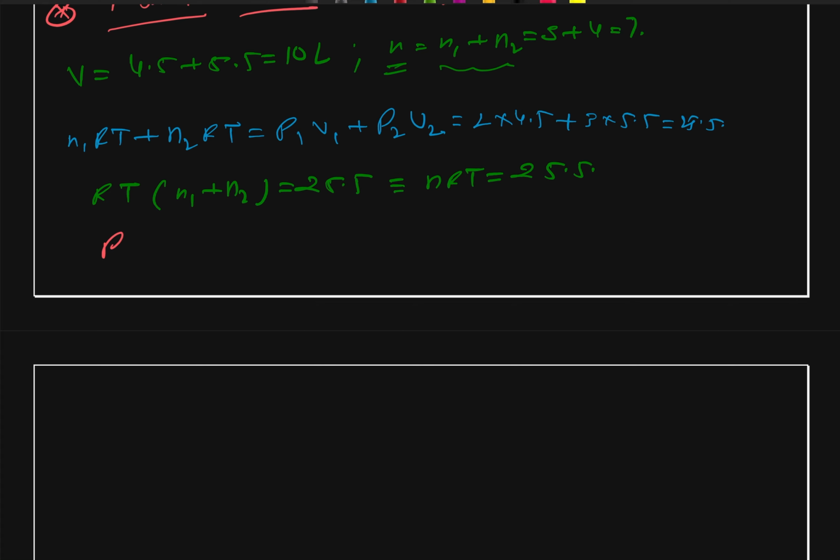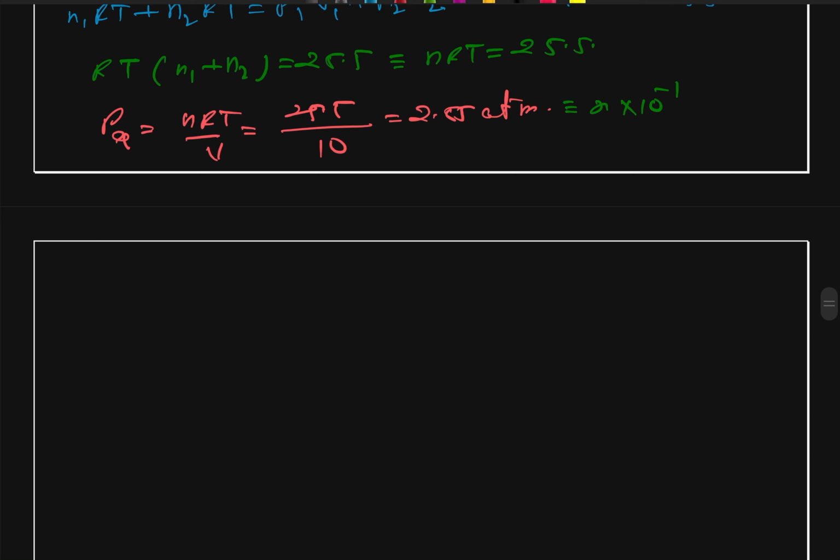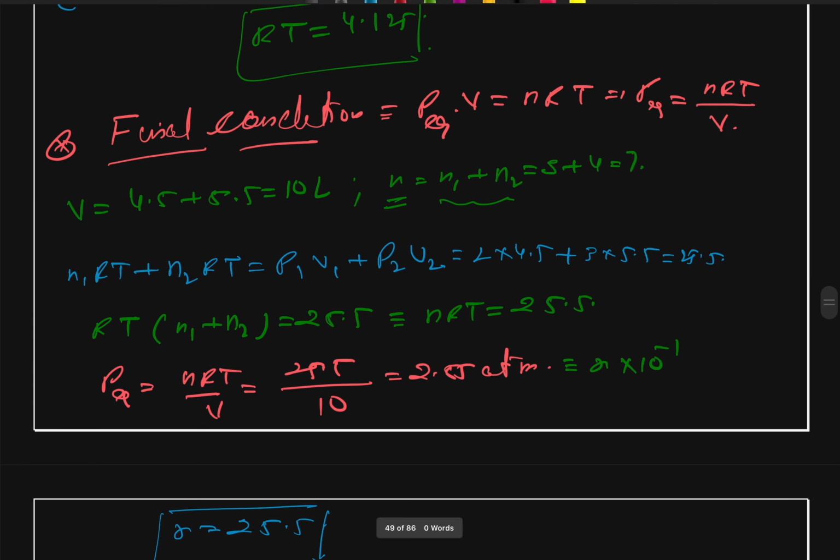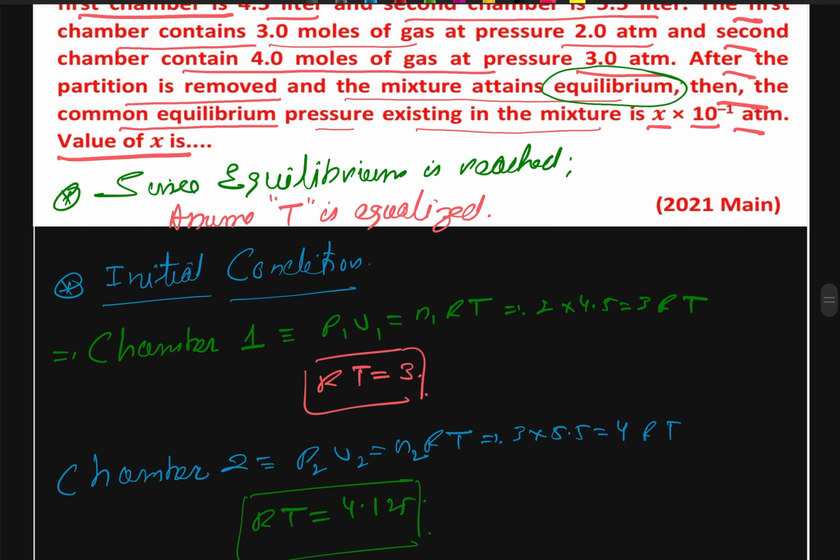We can say P equivalent will be equal to nRT upon V, and nRT we just found out is 25.5 and the volume is 10. So this comes as 2.55 atm. But we are given that P equivalent is equal to x into 10 to the power minus 1 atm. Therefore, we can say that the value of x will be equal to 25.5. Value of x is 25.5.